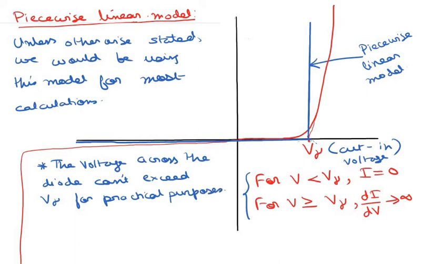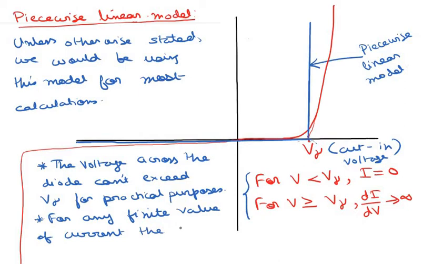For practical purposes we would have finite current, and for finite current the voltage across the diode would be approximately constant at V gamma, because the current increases at an infinite rate with the applied voltage. And the second thing is that for any finite value of the current, the voltage across the diode is fixed at V gamma.